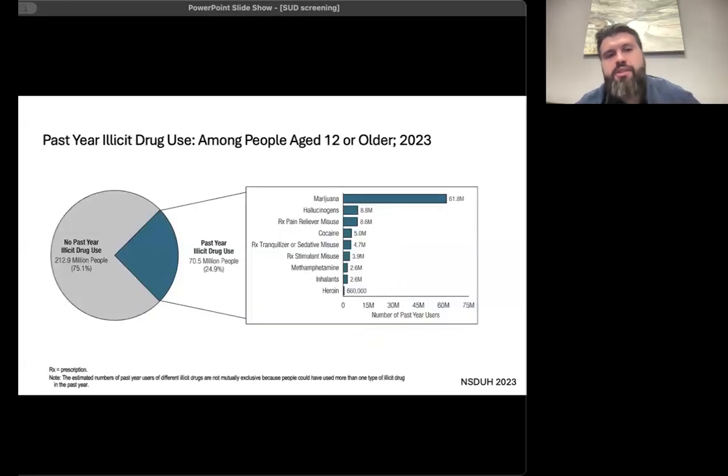When you look at past year substance use itself, and this is not substance use disorders, this is just substance use for patients 12 and older, you can see that there's about 70.5 million people that endorse using substances in the past year. The majority of those are cannabis, and then it goes down from there. You can see hallucinogens, pain reliever misuse like opioid prescriptions, cocaine, sedatives, etc.